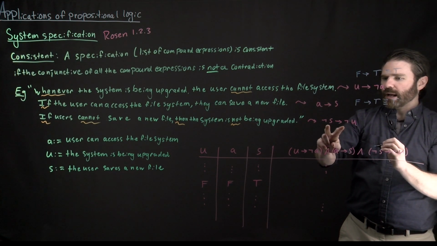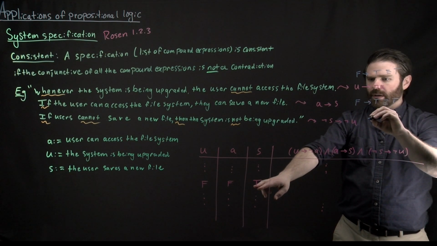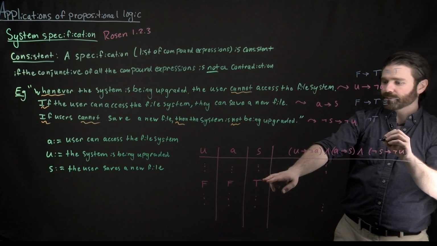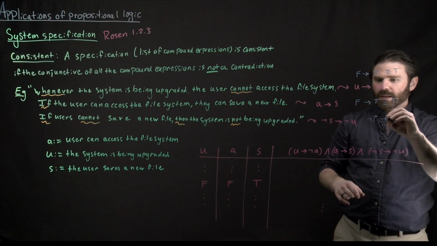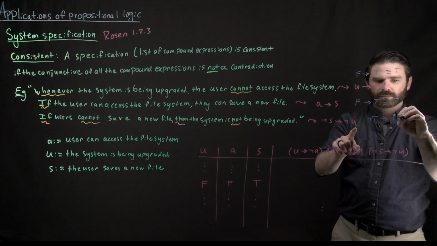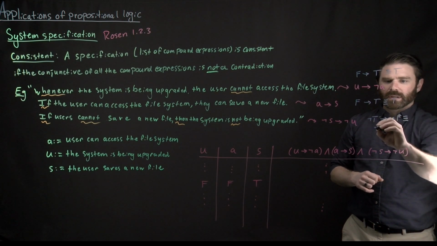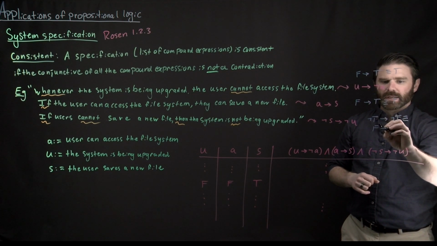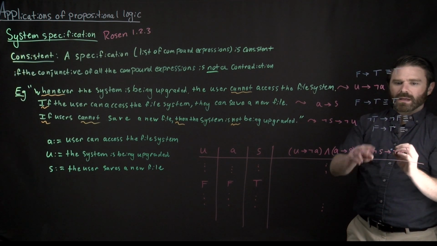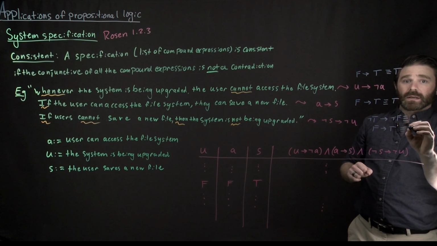And over here, I have not S, so that would be a not true, so that would be a false right there, implies not U, which is going to be logically equivalent to false implies true, which, yay, by the definition of implication, is a true statement.